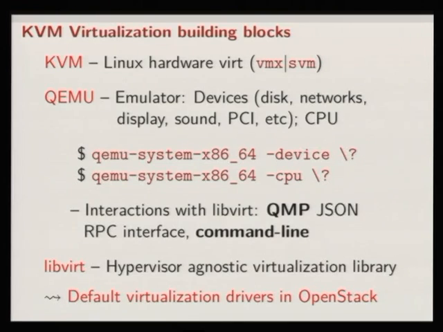And the second one, this dash CPU, lists what kind of CPU QEMU emulates. And QEMU interacts with libvirt via the QMP JSON RPC protocol, via a socket. So when libvirt is talking to QEMU, it constructs QMP commands and talks to it over this JSON RPC interface.